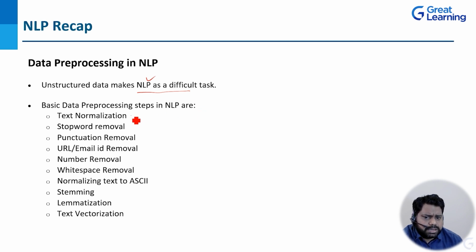We can do text normalization, stopword removal, punctuation removal, email or URL removal, number removal, white space removal, normalizing text to an ASCII form, let's say UTF-8 to ASCII, then stemming, lemmatization, and text vectorization. So now let's see each operation one by one.